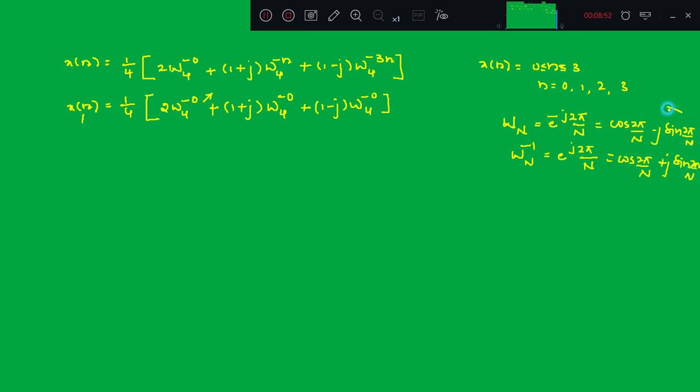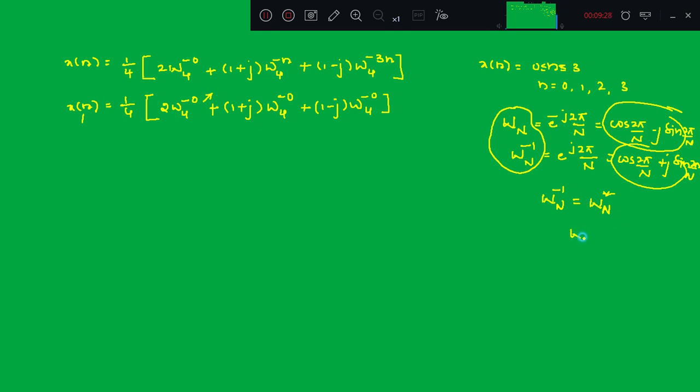Just observe this one and this one. Both are the same, only there is a change in the sign of the imaginary part. So these two can be considered as complex conjugates of each other. Therefore Wn raised to minus 1 is the conjugate of Wn raised to plus 1. Wherever there is a real and imaginary part, you just change the sign of the imaginary part.